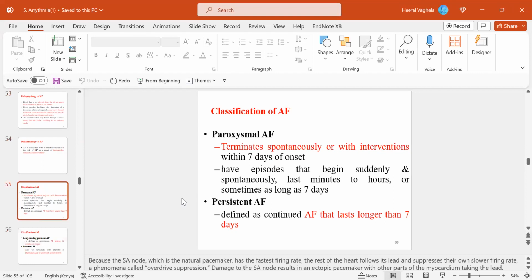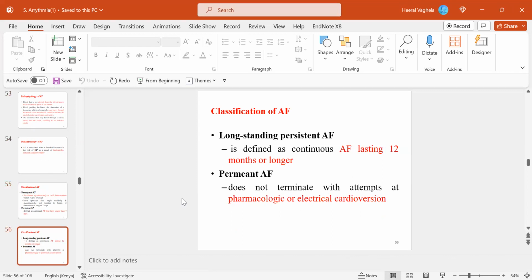So there are 4 types of atrial fibrillation. The first one, paroxysmal, terminates within 7 days of onset. Persistent lasts longer than 7 days. Long-standing is continuous for 12 months or longer, and permanent is when even with cardioversion, it still doesn't terminate.